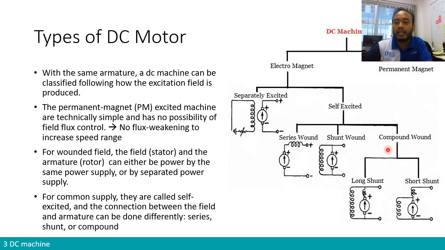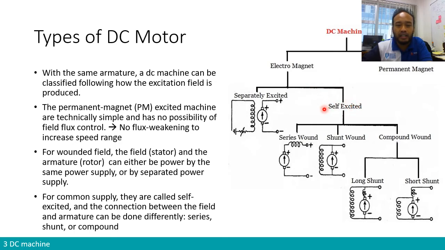That's what we call compound winding. You will have both shunt and series at the same time.